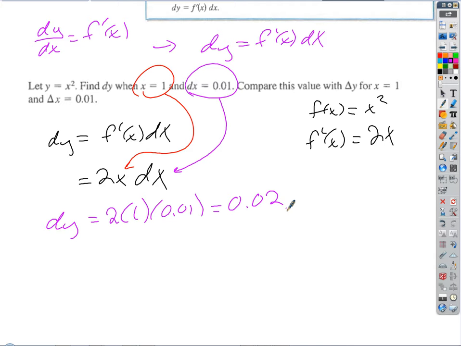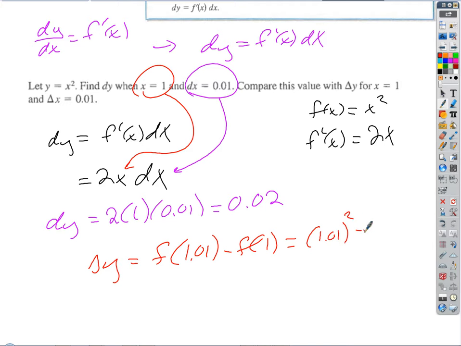equals 0.02, okay? Well, let's compare that to the actual change in the function. The actual change in the function is just going to be f of 1.01 minus f of 1, right? Everybody agree? So delta y is actually equal to f of 1.01 minus f of 1, which is just going to be 1.01 squared minus 1 squared, right?